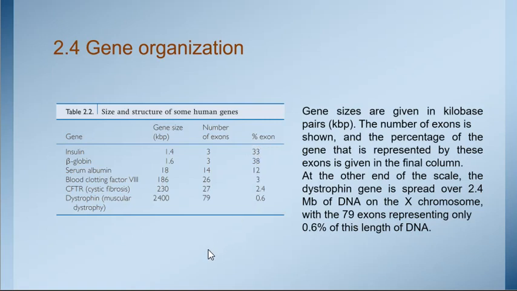At the other end of the scale, the dystrophin gene is spread over 2.5 megabases of DNA on the X chromosome, with 79 exons representing only 0.6% of this length of DNA.